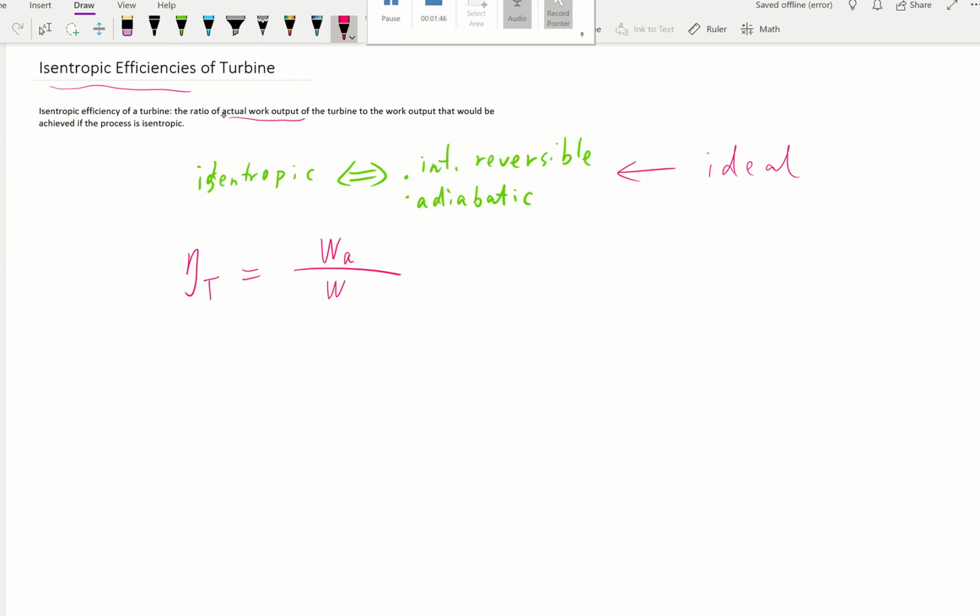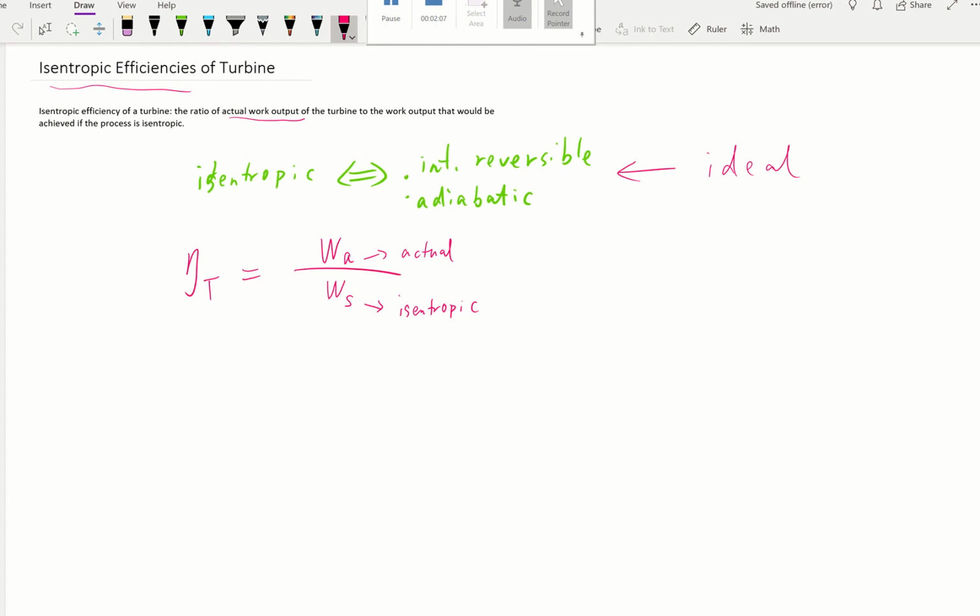So for the ideal situation, if this is S, which means it's isentropic, that's the best we could ever get, and this is actual. So the ratio between them gives us the isentropic efficiency of the turbine.